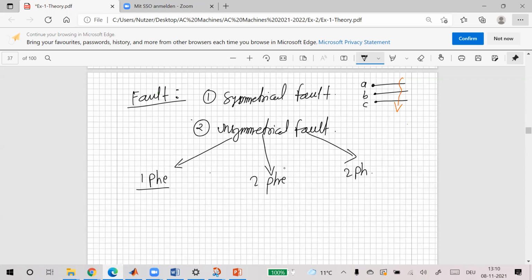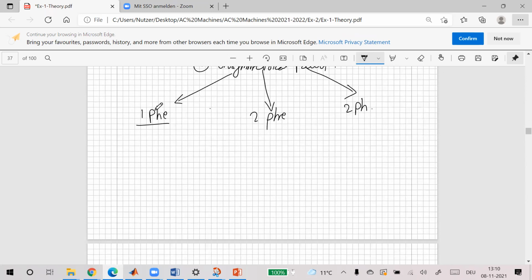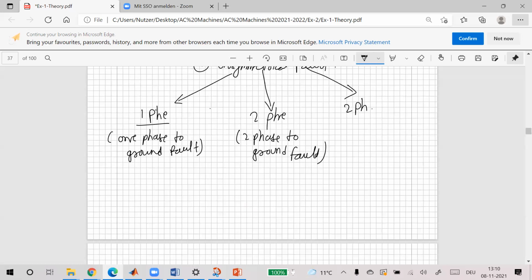So this means, oh sorry, not two phase. One phase to ground fault. This is two phase to ground fault. And this is two phase fault.